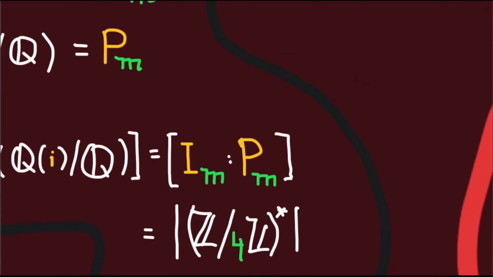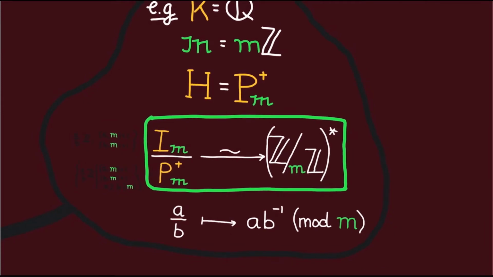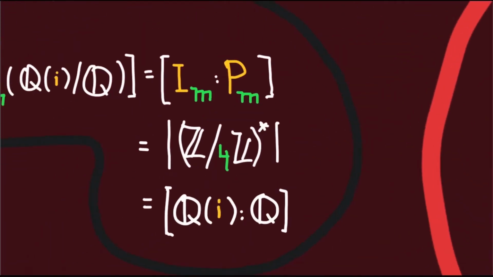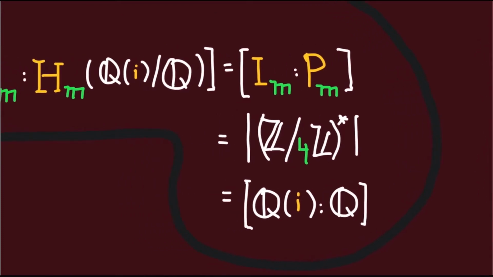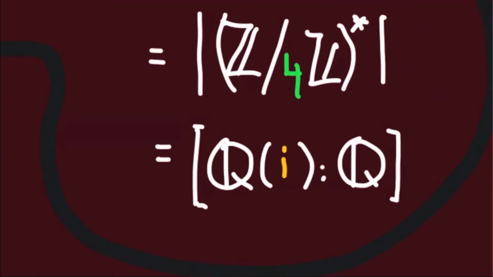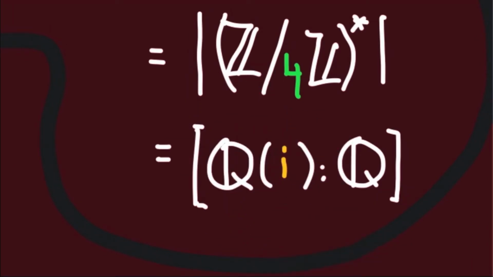Now we know that in that case, the ideal class group I_m modulo P_m is just isomorphic to (Z/mZ)*, i.e. (Z/4Z)*. So this index is equal to the size of (Z/4Z)*, which is 2, and that is equal to the degree of Q(i) over Q.